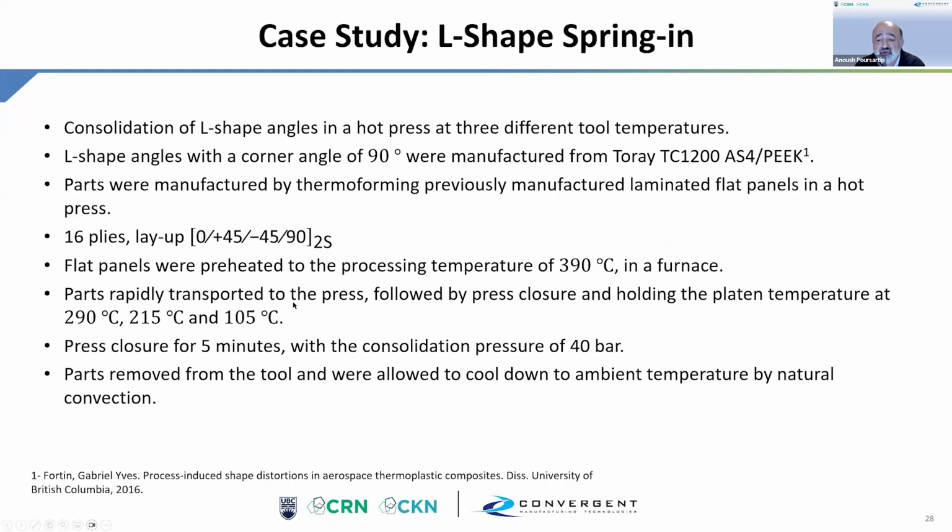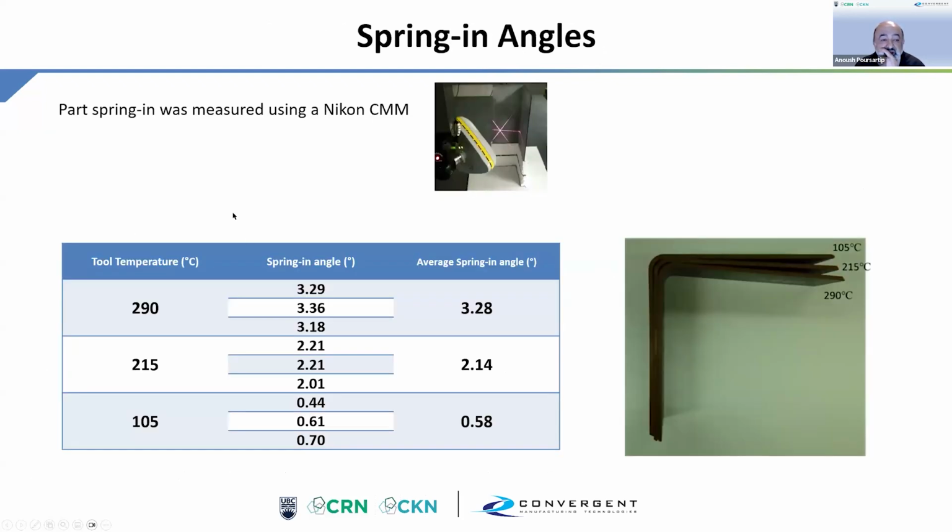The press was closed, and the platen temperatures were held at one of 3 temperatures: a high 290, a midish 215, and a ridiculously low 105. In all cases, held for 5 minutes with a 40 bar pressure, then removed from the tool, allowed to cool to ambient by natural convection before spring-in measurements were done.